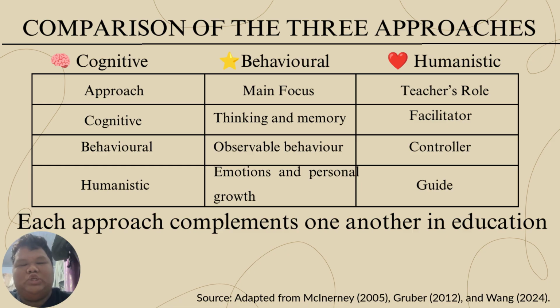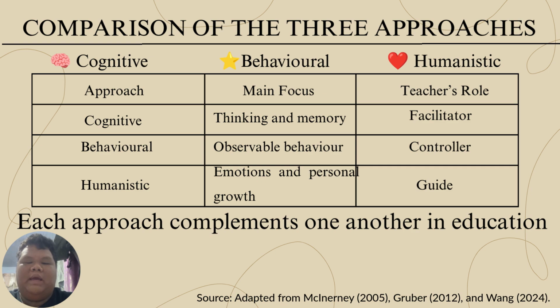The slide shows a comparison of three major approaches in education. The cognitive approach focuses on students' thought processes and memory. In this approach, the teacher acts as a facilitator who helps students construct knowledge. The behavior approach, on the other hand, emphasizes observable behavior.